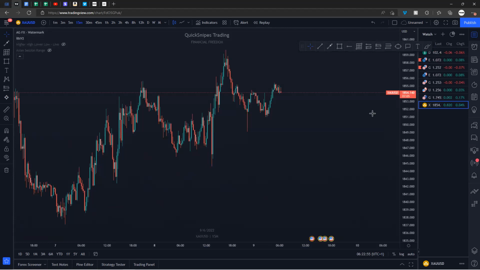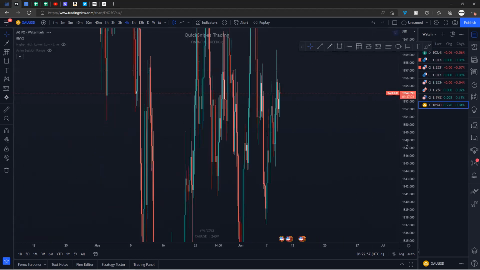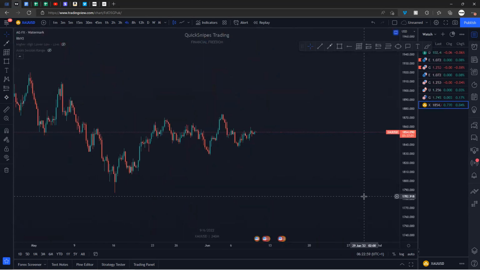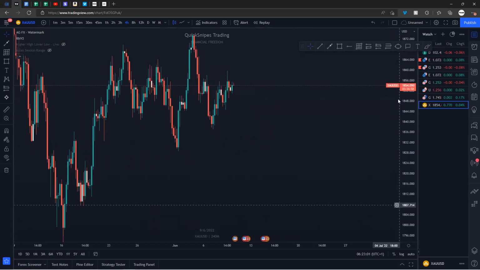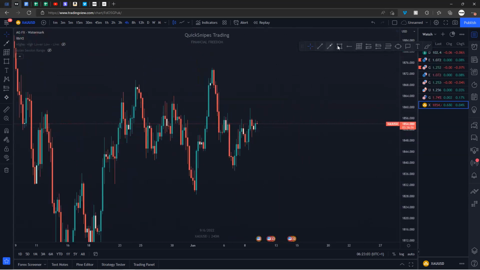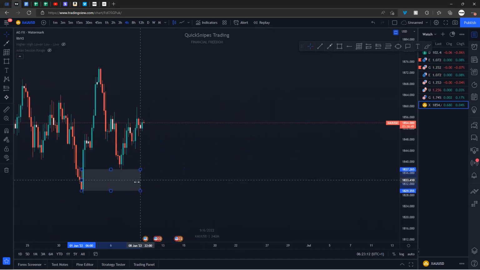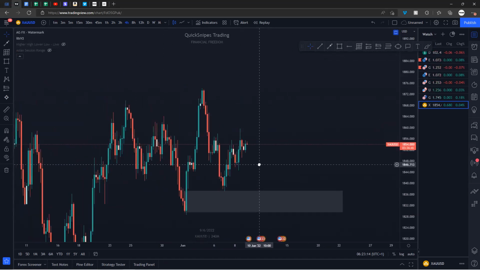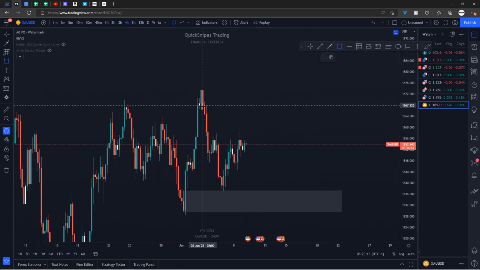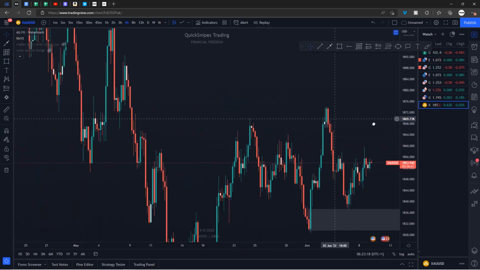But my eyes right now are on gold. Why? Because this is how reactive gold is. It tapped into this H4 order block. And we have supply to target.